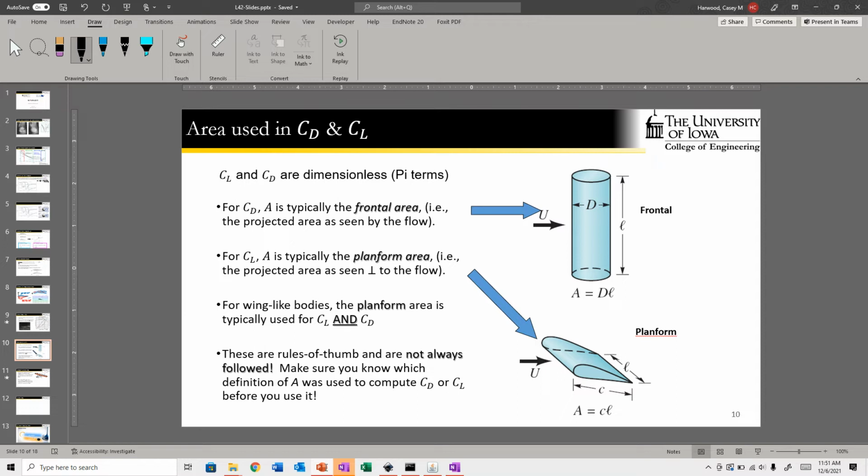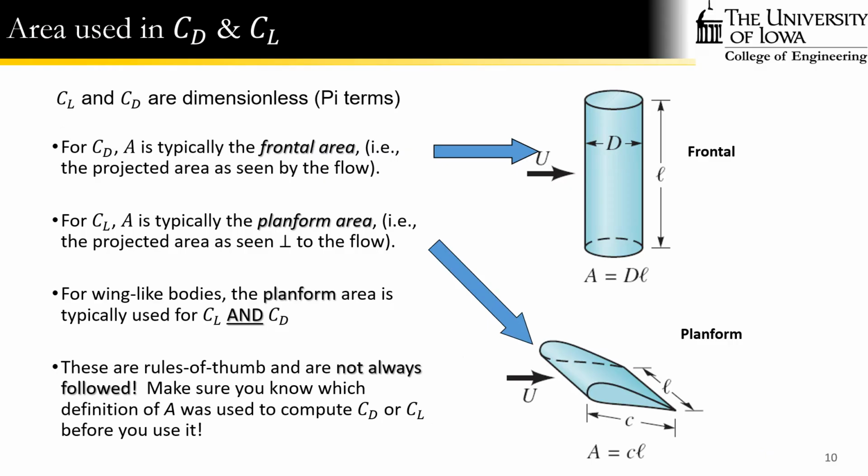The drag coefficient and lift coefficient were defined respectively as lift divided by 1/2 rho u squared times an area, and drag divided by 1/2 rho u squared times an area. So these are the two pi terms that we use to represent the lift and drag forces on an object. The question is, what do we use for the area in these two?